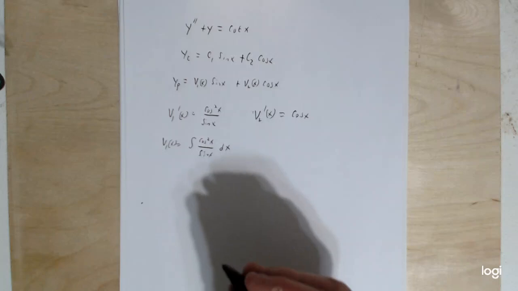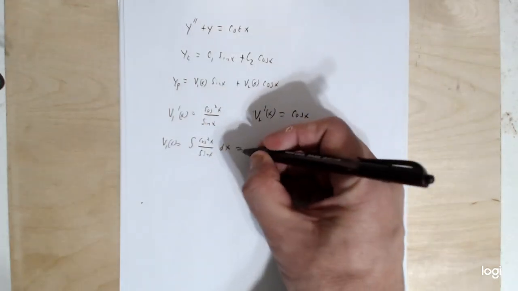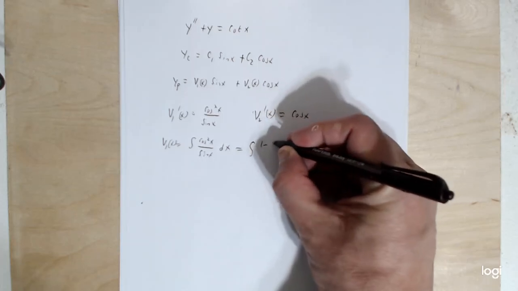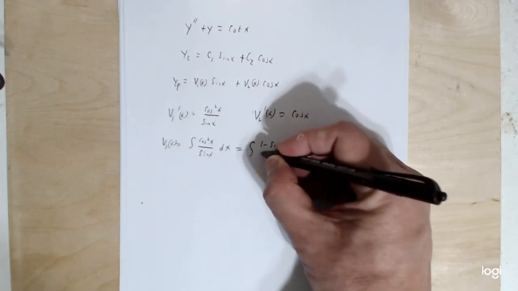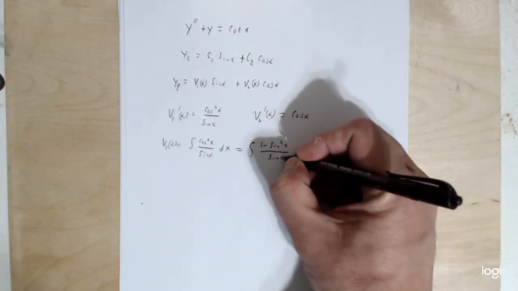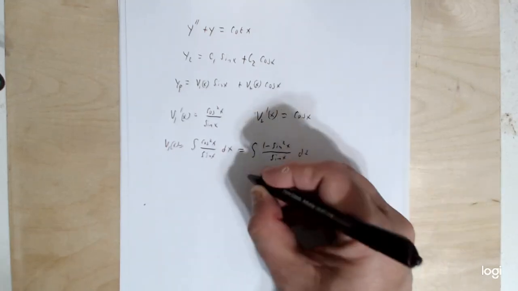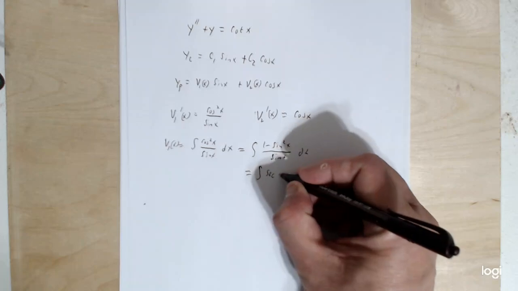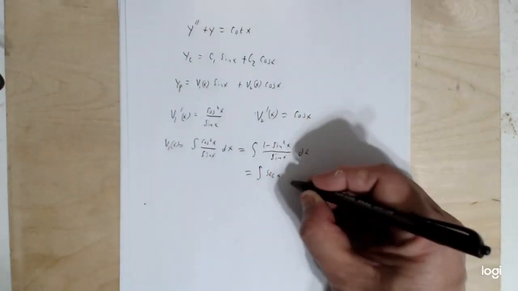So in this case, it's not terribly bad. We replace the cosine squared with 1 minus sine squared of x over sine of x. And notice that gives us the integral of the secant of x minus the sine of x.